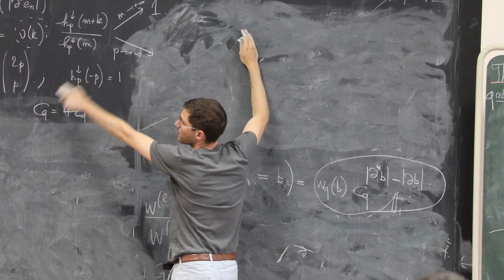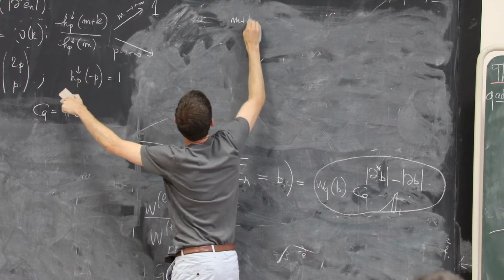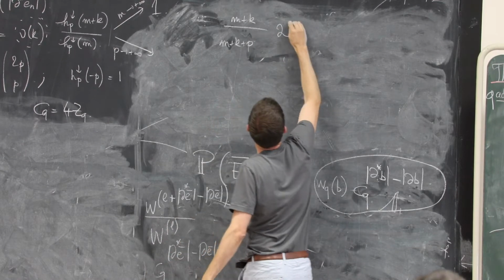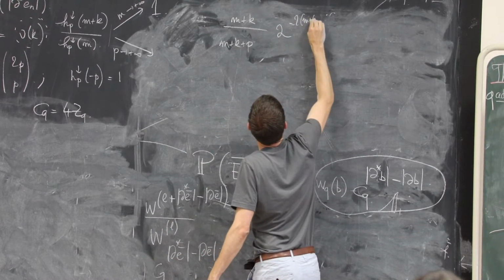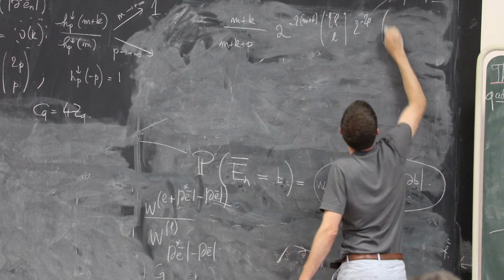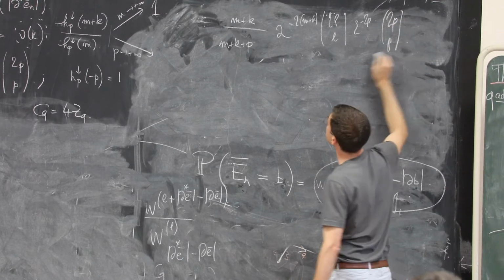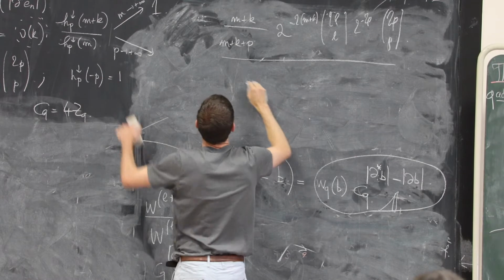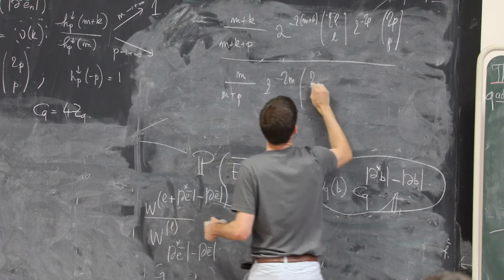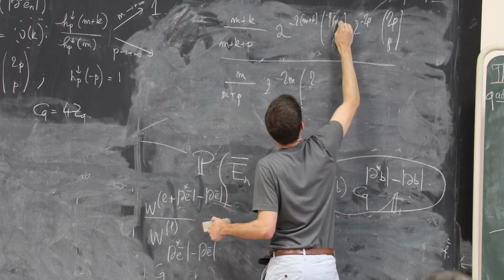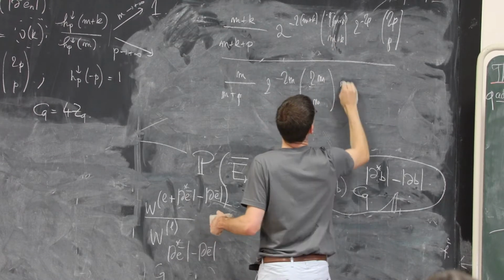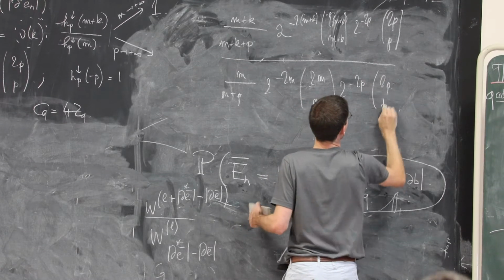So m plus k divided by m plus k plus p, 2 to the minus 2(m plus k), 2(m plus k) choose (m plus k), 2 to the minus 2p, 2p choose p, divided by the same ratio with m: m over m plus p, 2 to the minus 2m, 2m choose m, 2 to the minus 2p, 2p choose p, right?